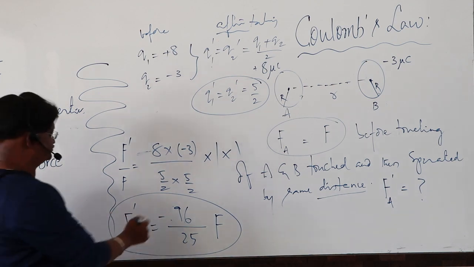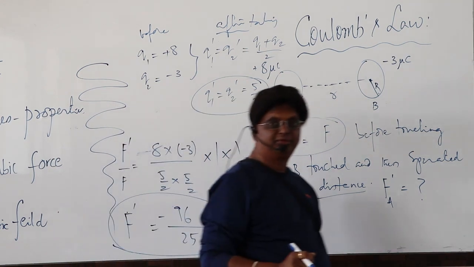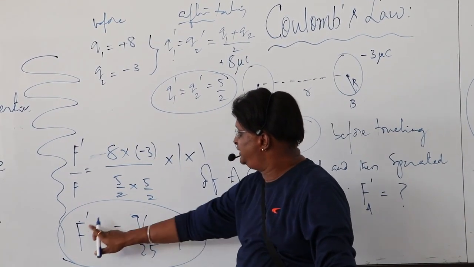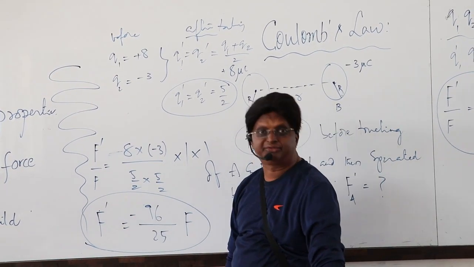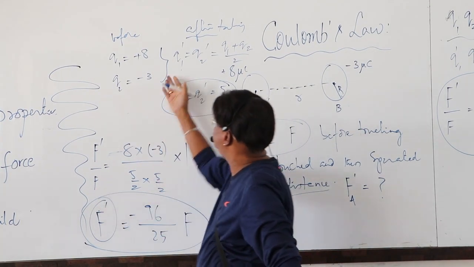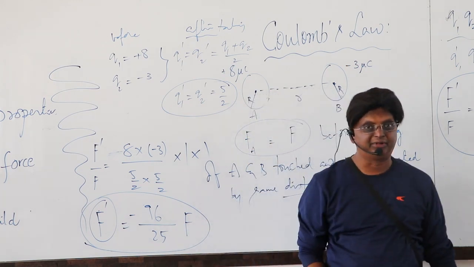And this negative sign shows that F dash and F are of opposite nature. That is, if this F is attractive, F dash is repulsive. If this F is repulsive, F dash is always repulsive. You should remember this in this example. Before touching, it can be either attractive or repulsive.